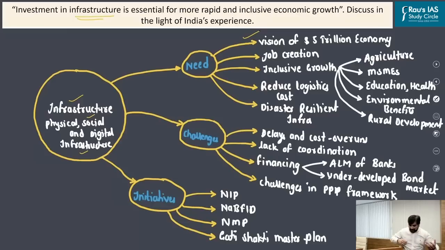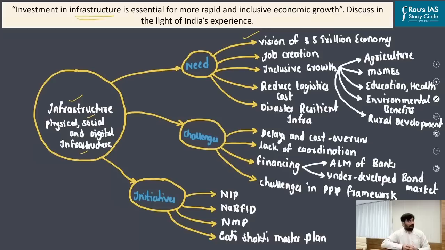If the government is spending more money on creation of infrastructure, automatically demand for iron, steel, cement, electricity will increase, and expenditure will increase. At the same time, we will be able to crowd in private sector investment, right?